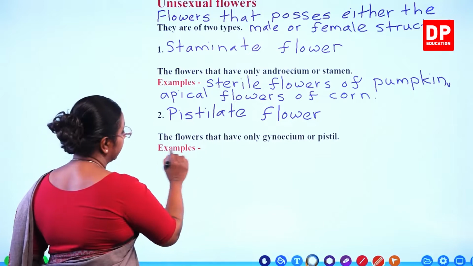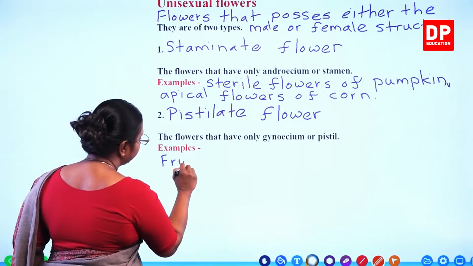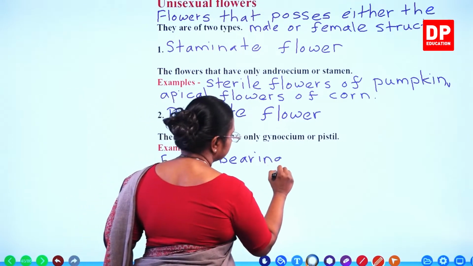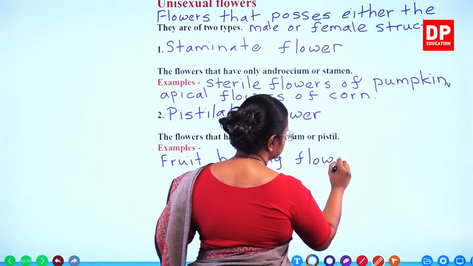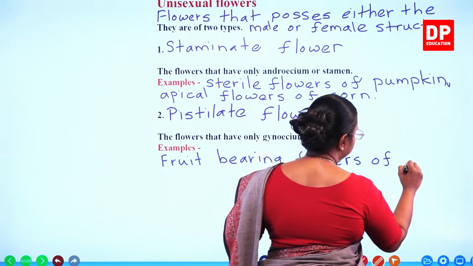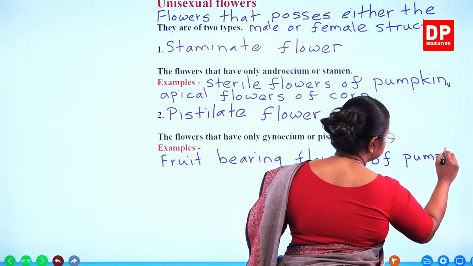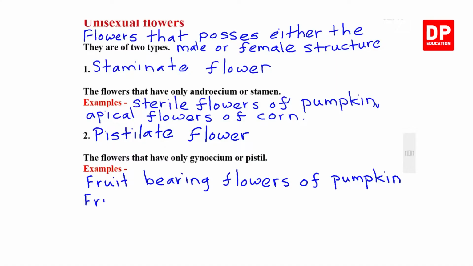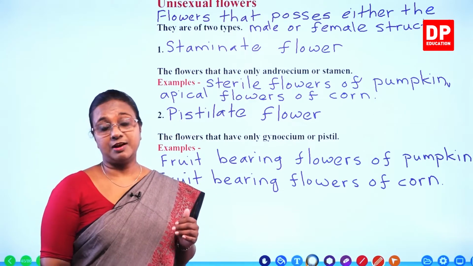So fruit bearing flowers of pumpkin and fruit bearing flowers of corn. Why do we say fruit bearing flowers?